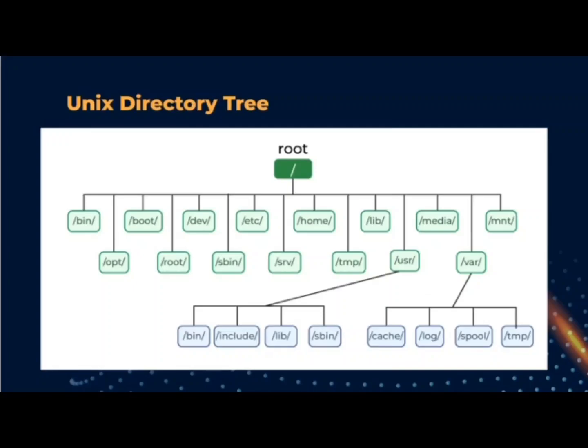We have /var/log, which contains system log files, and /var/mail, which contains all incoming emails. Then /var/spool contains print jobs, mail spools, and other queued tasks. And /var/tmp is a place for temporary files which should be preserved between system reboots.